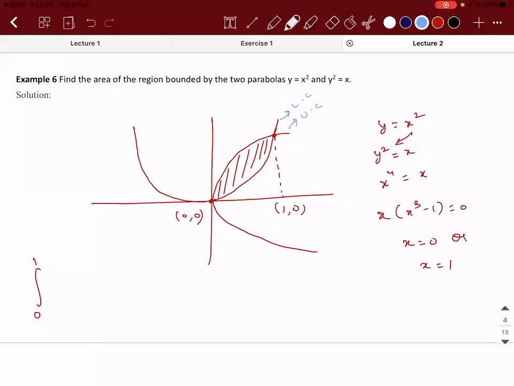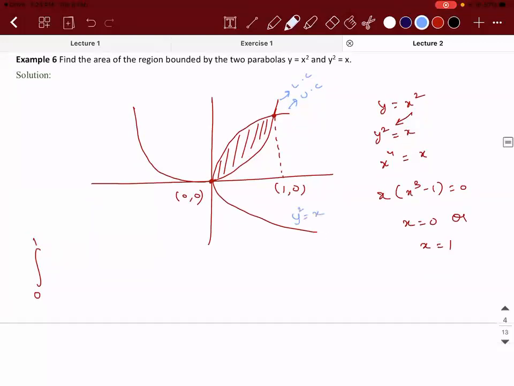So what is the equation for the upper curve? Upper curve is y square is equal to x. And what is the equation for the lower curve? Y is equal to x square. So y square is equal to x means y is equal to plus or minus root x. And y is equal to x square is y is equal to x square only.